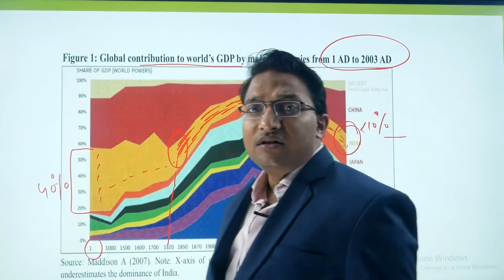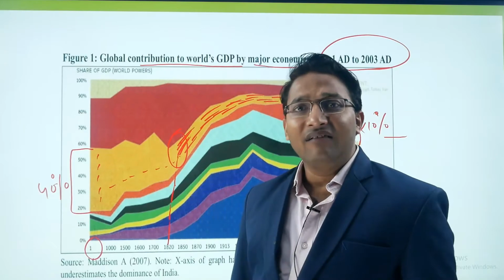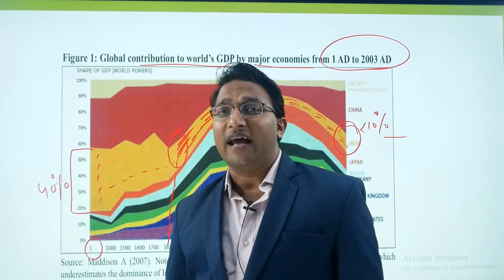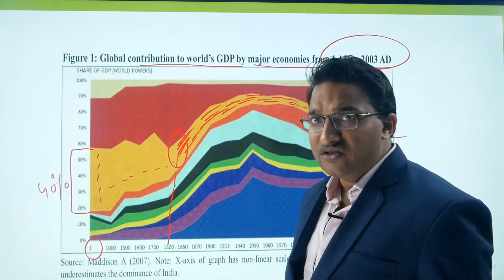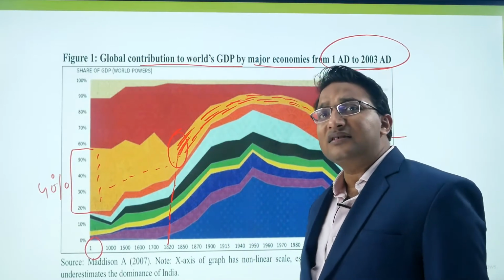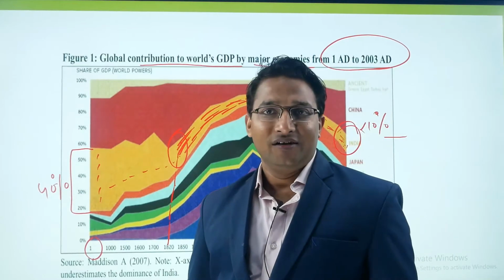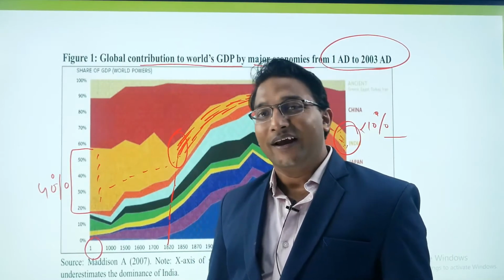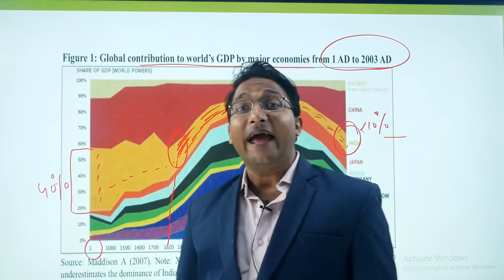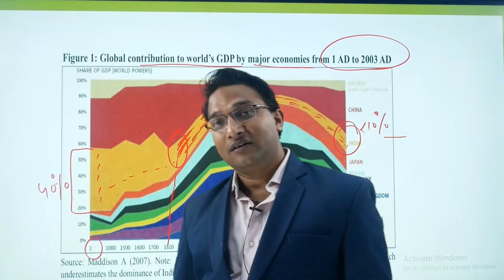That means one thing is very clear, that our potential has been very, very high. It is just that we are not using it appropriately. And this gives us an opportunity to look into how we can contribute to the level of 40%, how we can achieve the past glory, right?